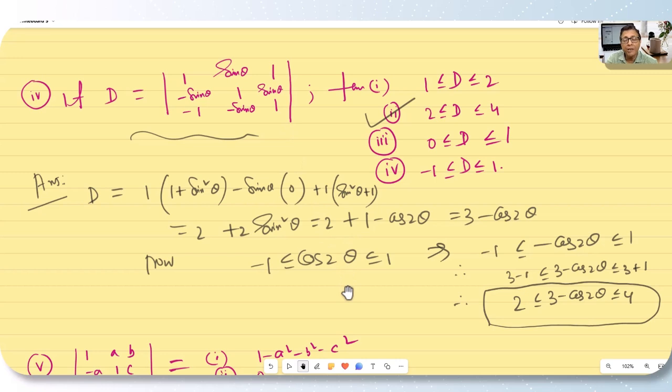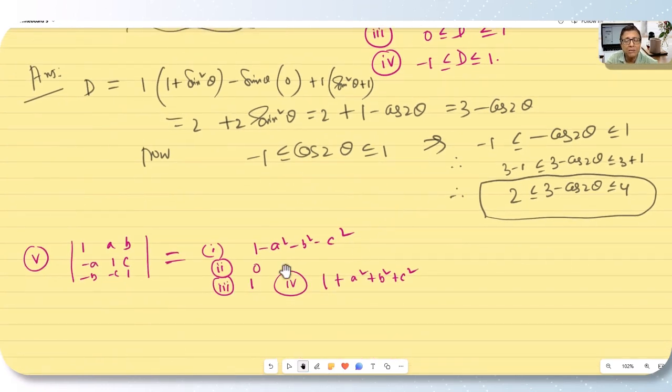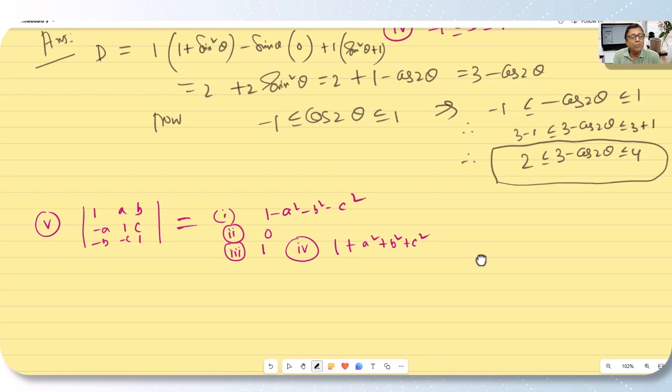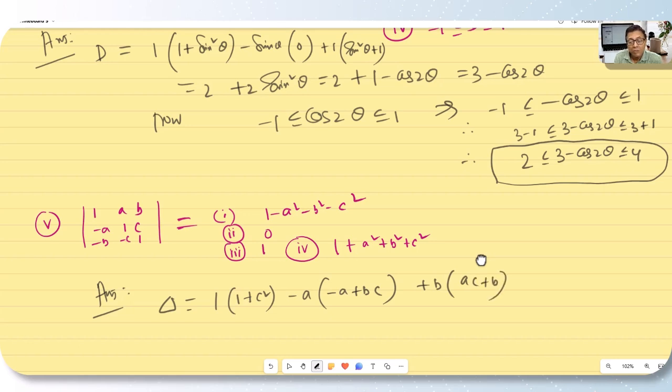Properties of determinant definitely will apply, but not for these simple problems, even for this one. What is the value of this determinant? What is the correct answer? The delta is going to be 1 plus c square minus a into, and if I expand, it is 1 plus c square plus a square minus abc.